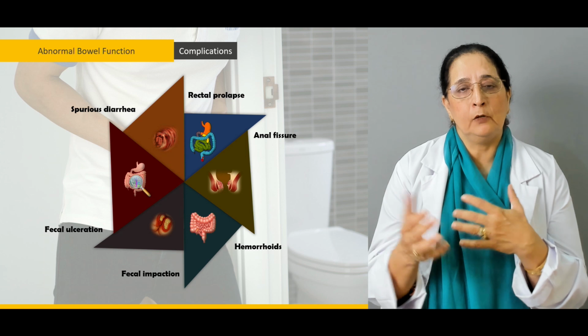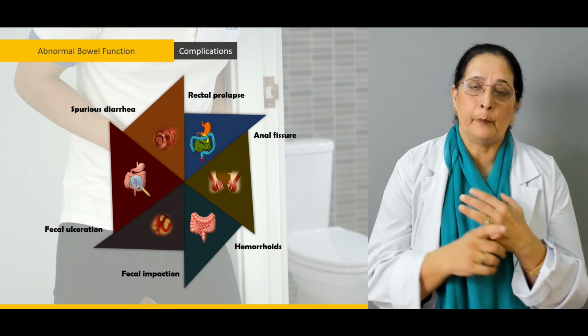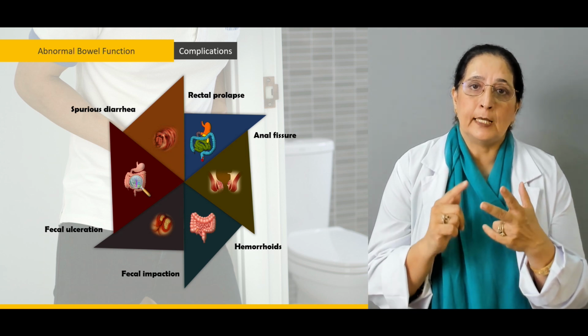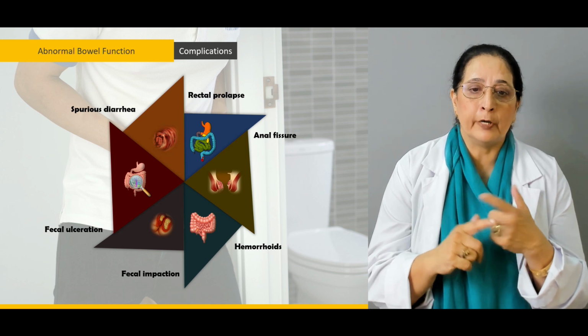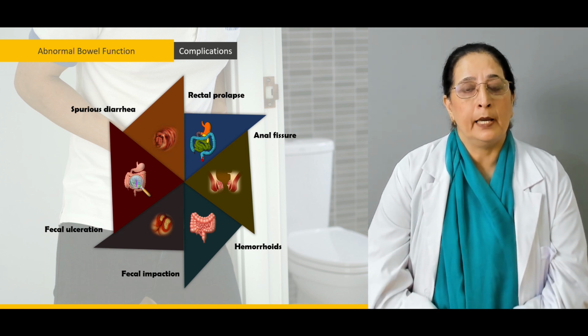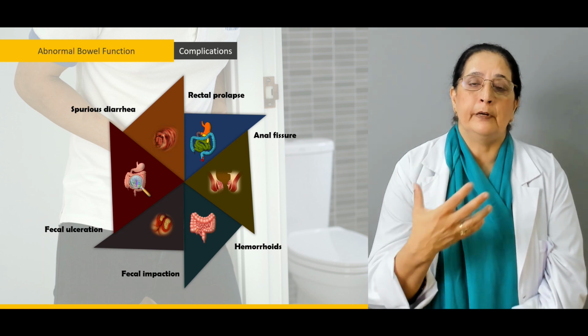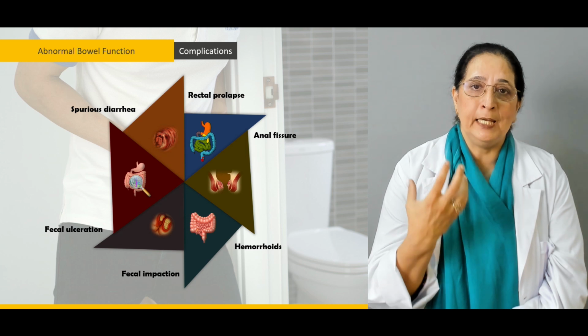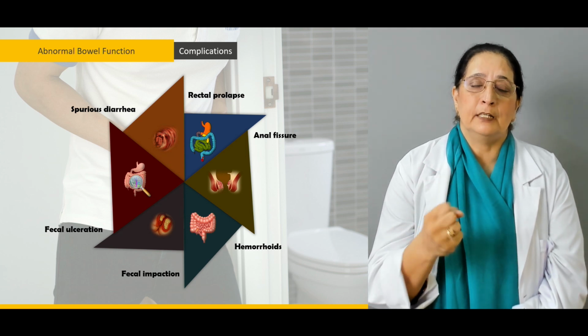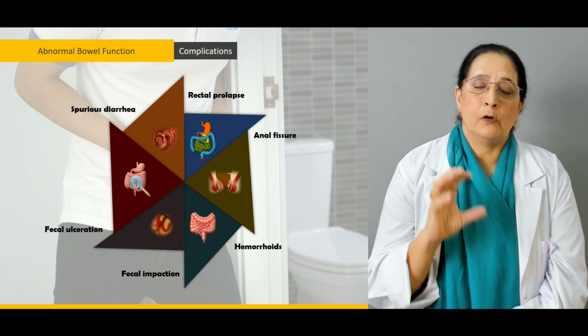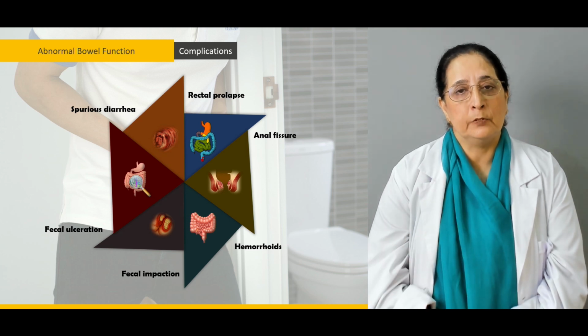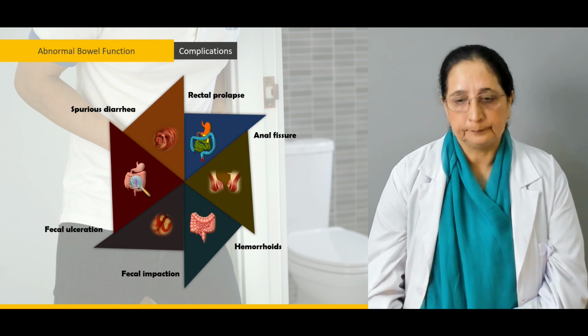So all these are the complications: prolapse, anal fissures, ulcerations, hemorrhoids, spurious diarrhea. The mechanism behind all of these is the straining and the pressure exerted, which cause the hemorrhoids, cause the prolapse, and lead to different complications.